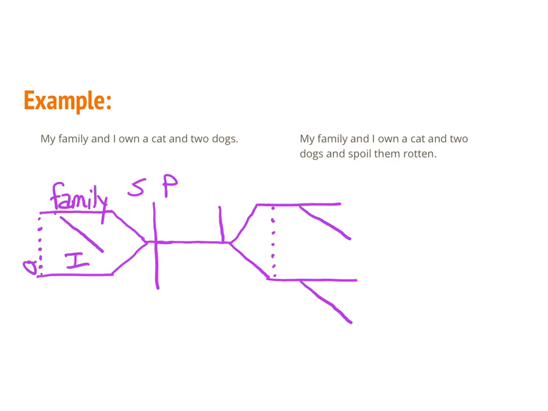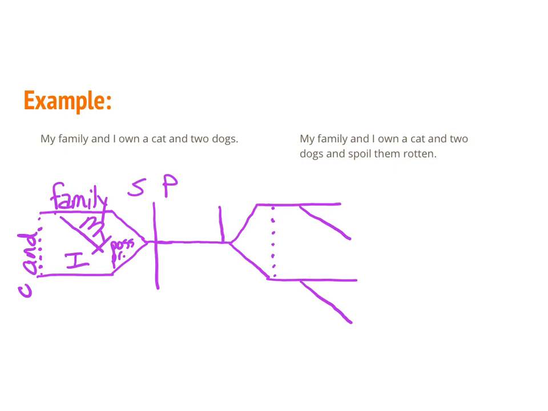So I'm going to go ahead and connect those subjects with that dotted line. Whose family? My family. So, and is a conjunction, so I'm going to go ahead and label that C. My is a possessive pronoun, so I'm going to go ahead and label that possessive pronoun.